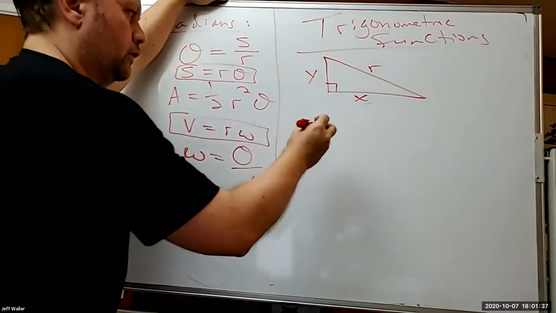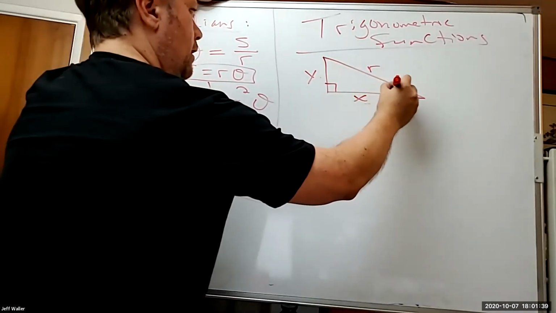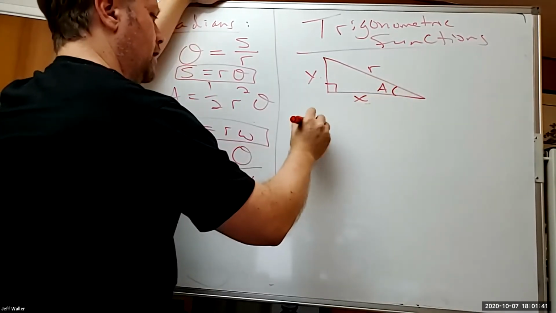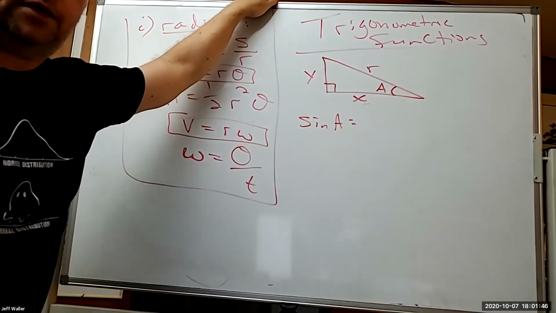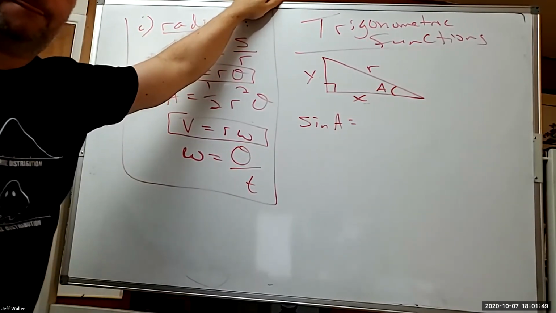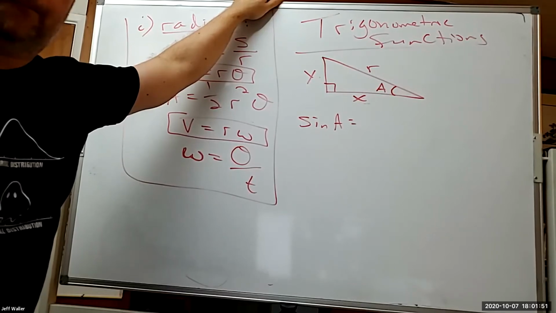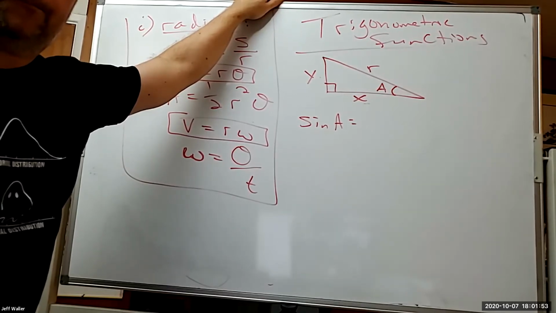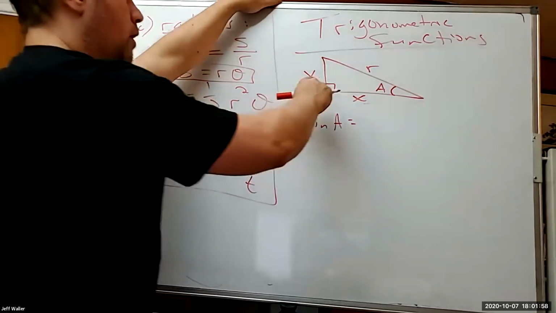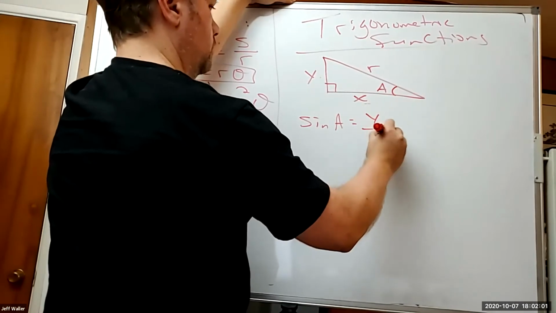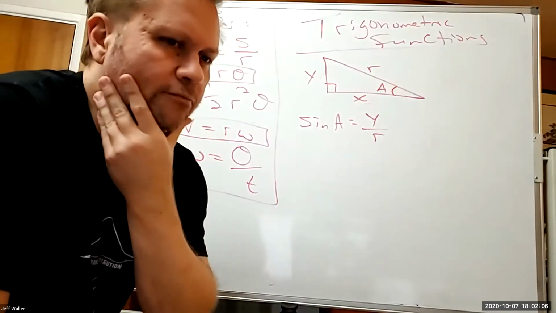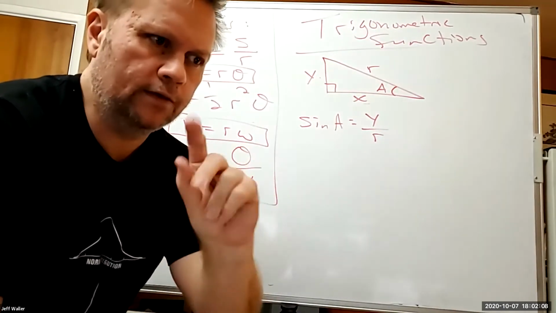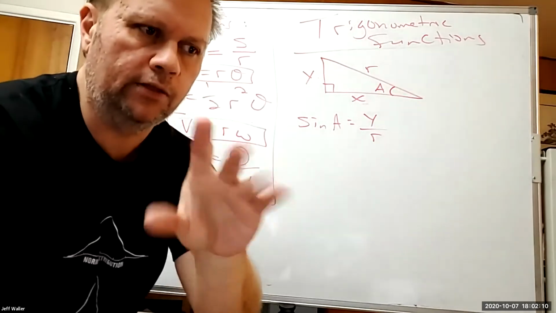So let's remember what we know so far. If this is A, what would sine of A equal? What would that be? Y over R. Yeah, Y over R. So I tried to get this through to you guys, and I don't know if it really got completely through.